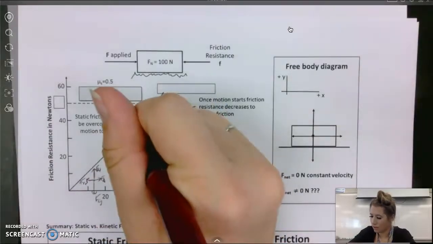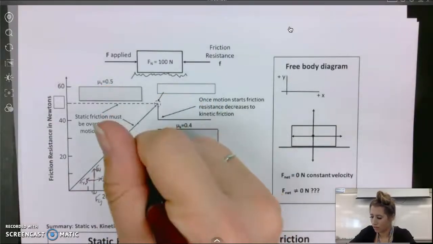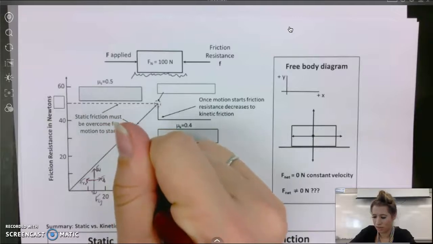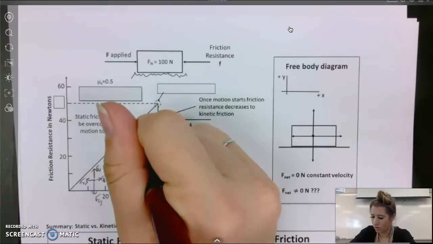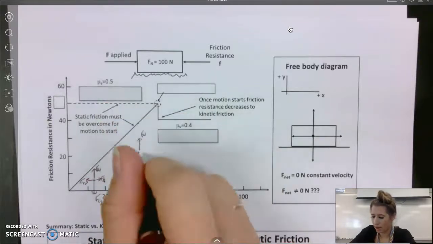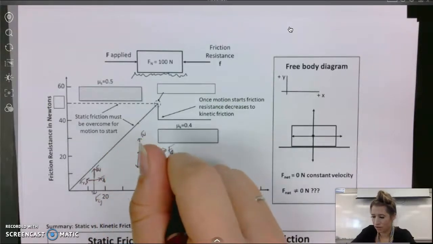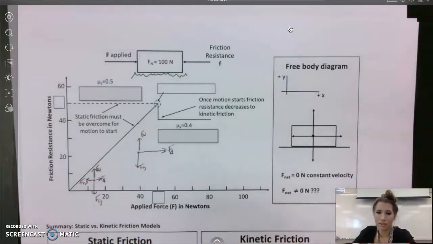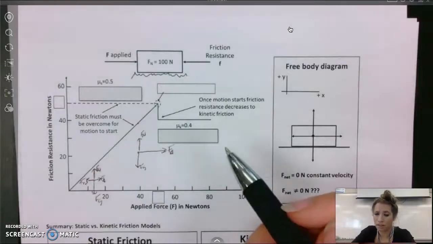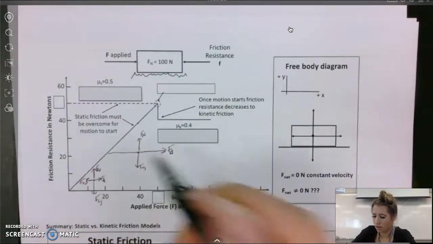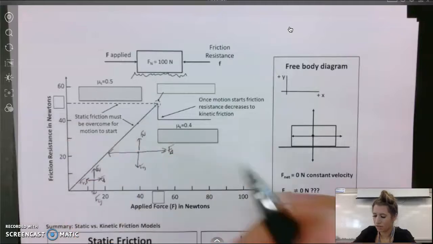Now, up here, the force due to gravity and the normal force are the same. It's still the same object. But my applied force is a lot greater. But the object is still not moving. And so that must mean that the acceleration is 0.